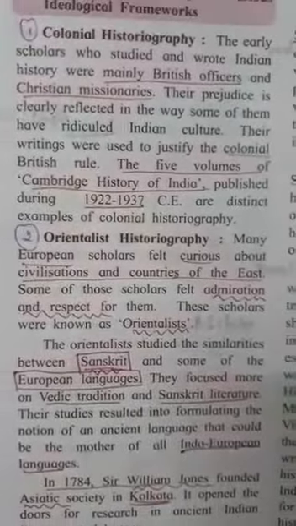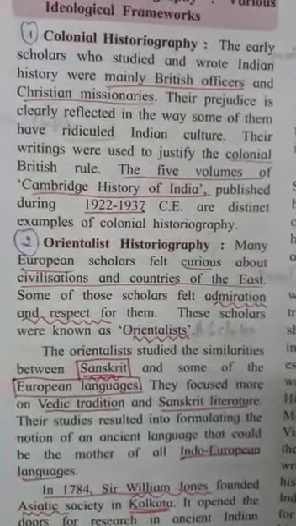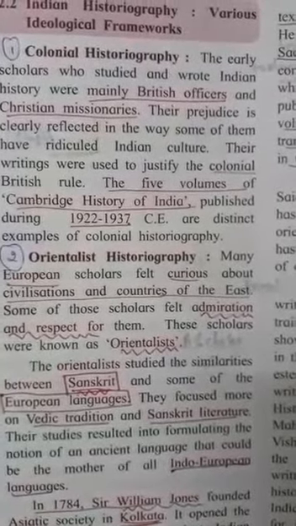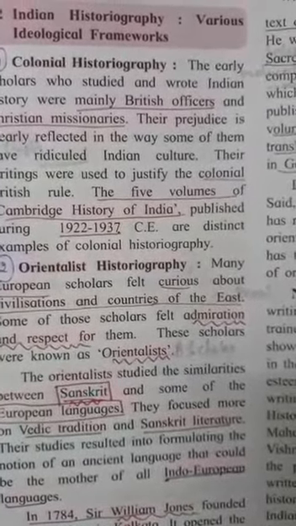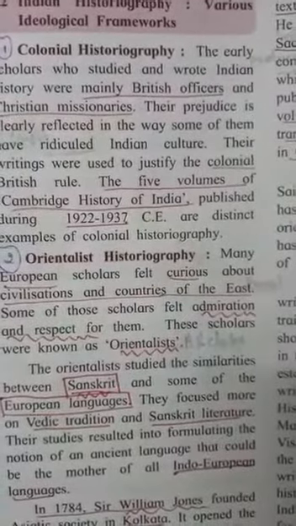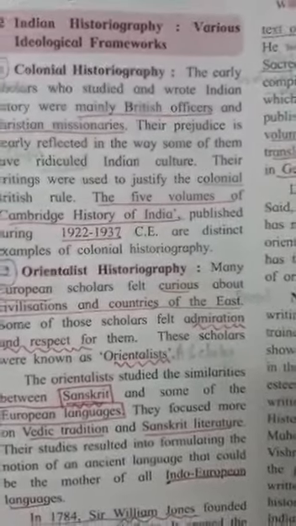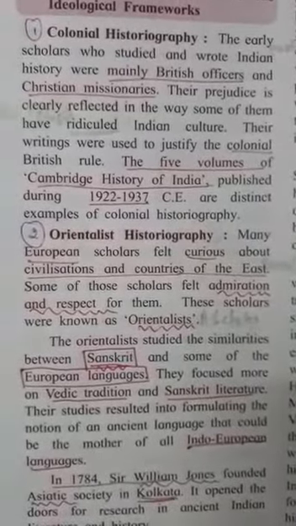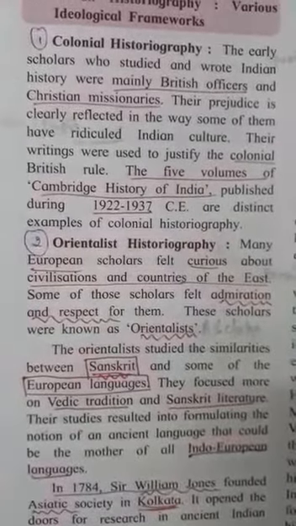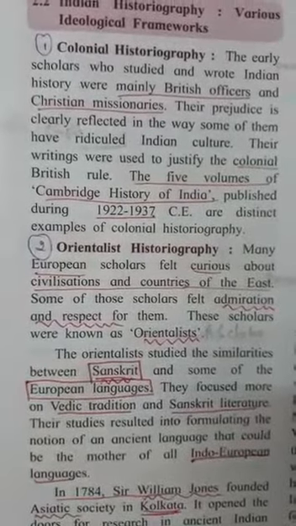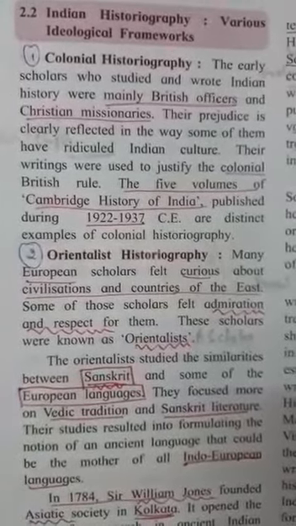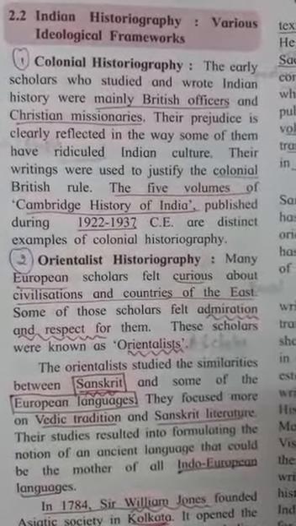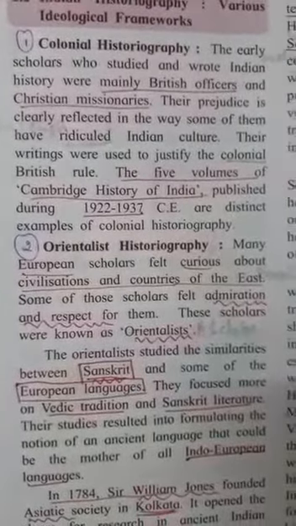Again a British person came to Calcutta in 1784. He was Sir William Jones and he founded a society. That society's name is Asiatic Society in Calcutta. He appealed to many people, saying that those who want to do research in Indian history and literature are welcome to Calcutta.